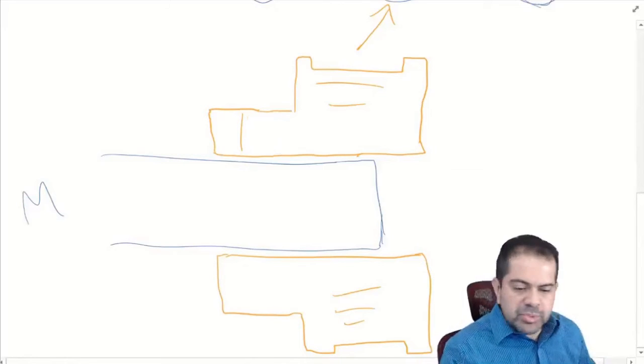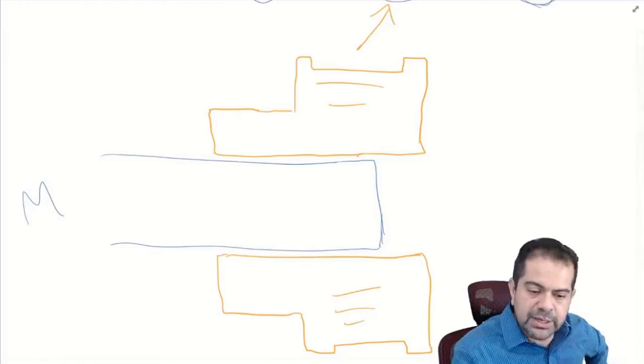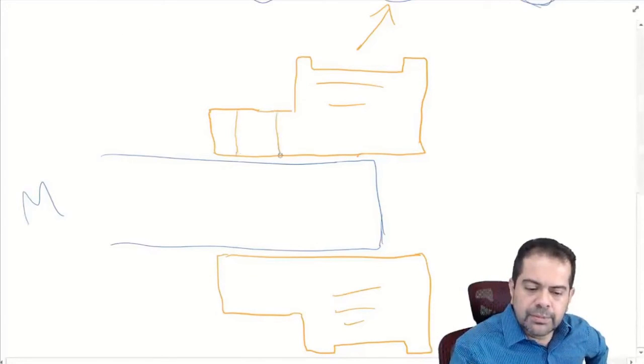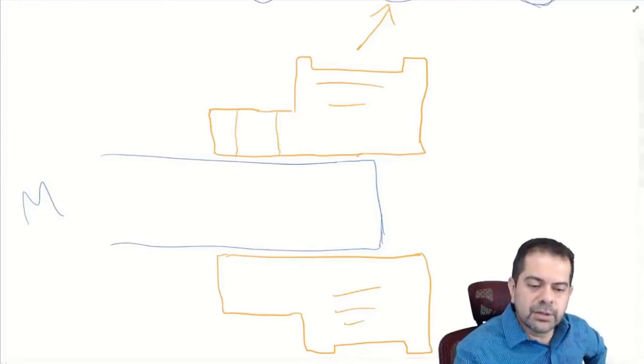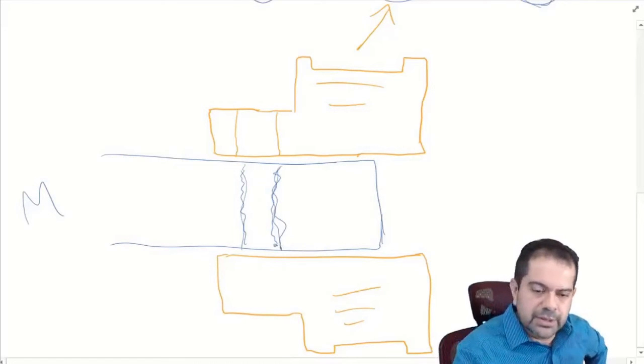I do the opposite. Sometimes when it makes sense, I will have a clearance hole here, and I will have a thread fabricated into the shaft, typically all the way through. That is usually best.